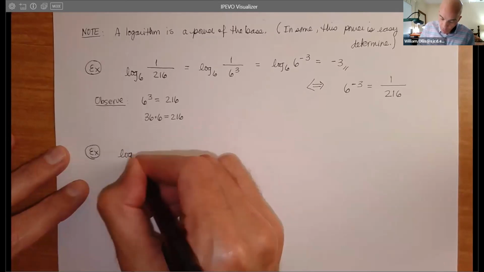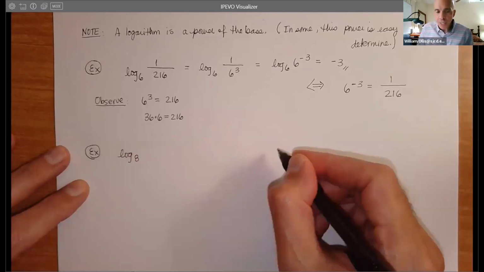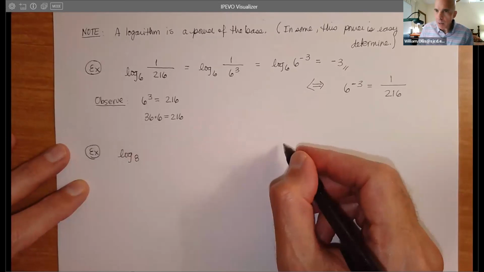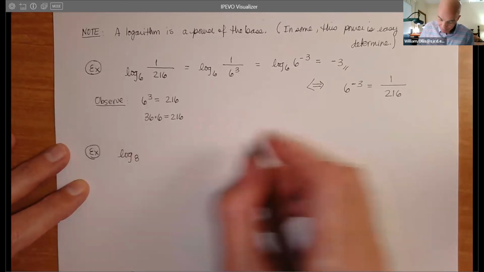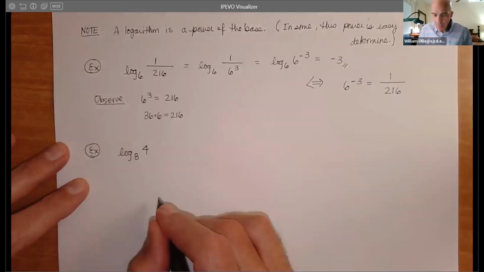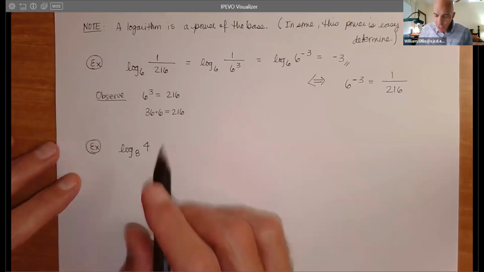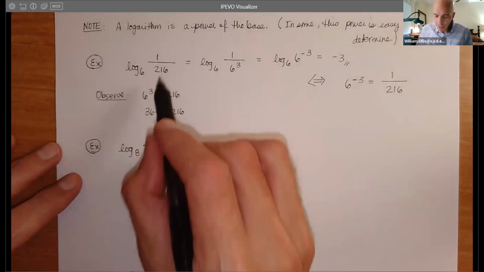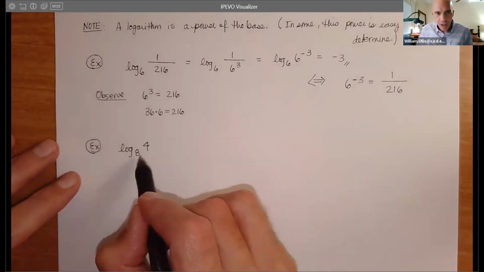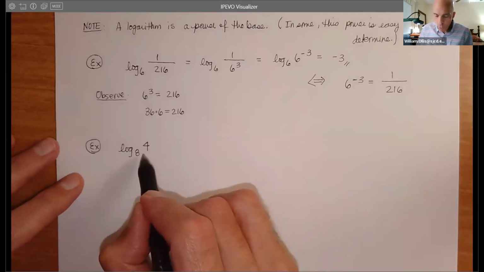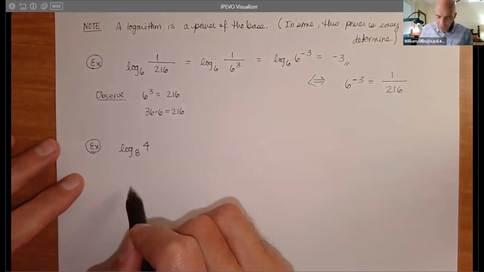And this is what WebAssign will ask you to do. It'll say compute these logarithms using the definition. Now, what about the base 8 logarithm of 4? It's not as simple as this, but we can look at this and say, okay, is it possible to write 4 as a power of 8? And I think we can do it.